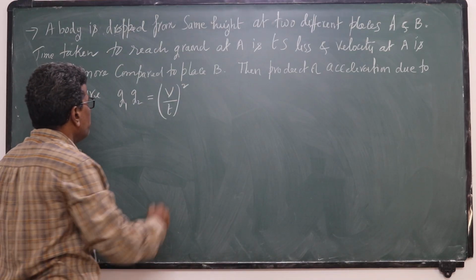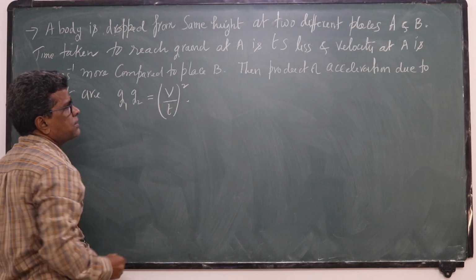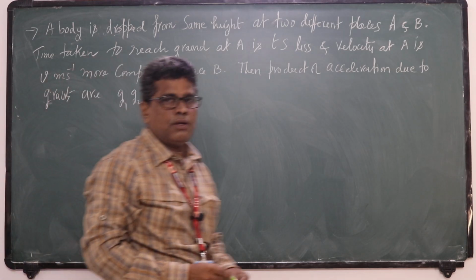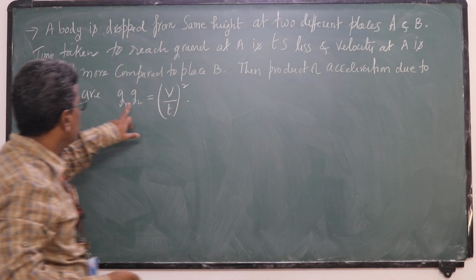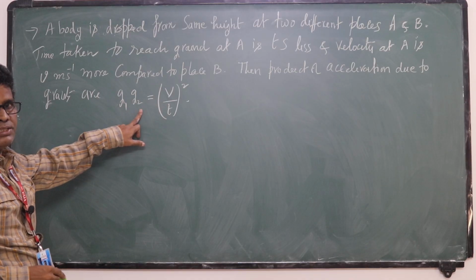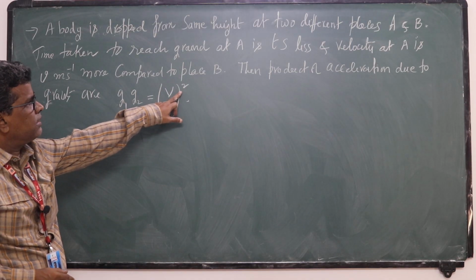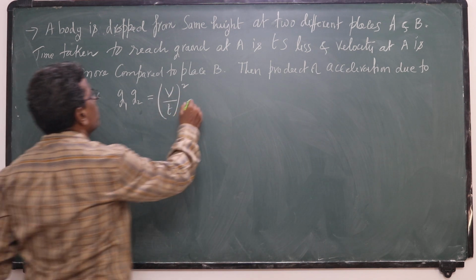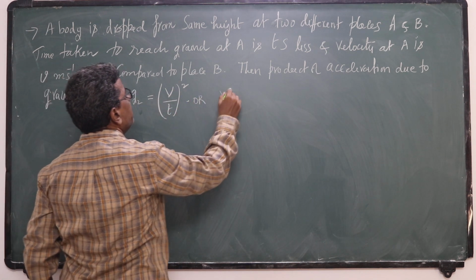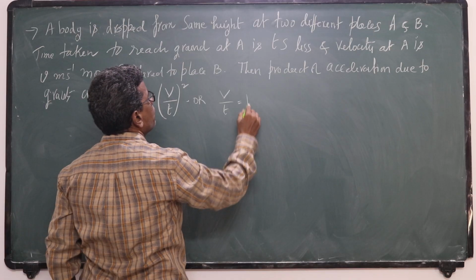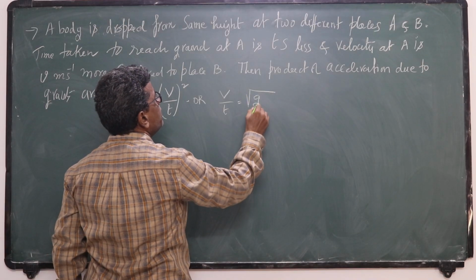Okay, so we have to prove this. Product of acceleration due to gravities should be equal to v by t whole square. We have to prove. Or v by t is equal to square root of g1 g2.